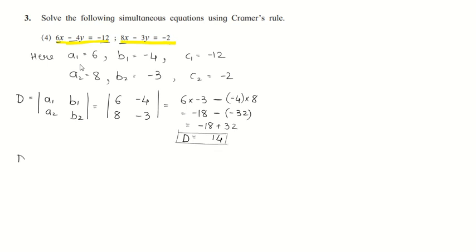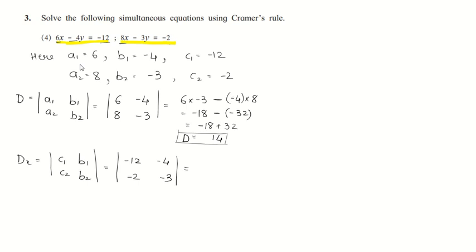We will find Dx, which is c1, c2, b1, b2, where c1 is minus 12, c2 is minus 2, b1 is minus 4, b2 is minus 3.